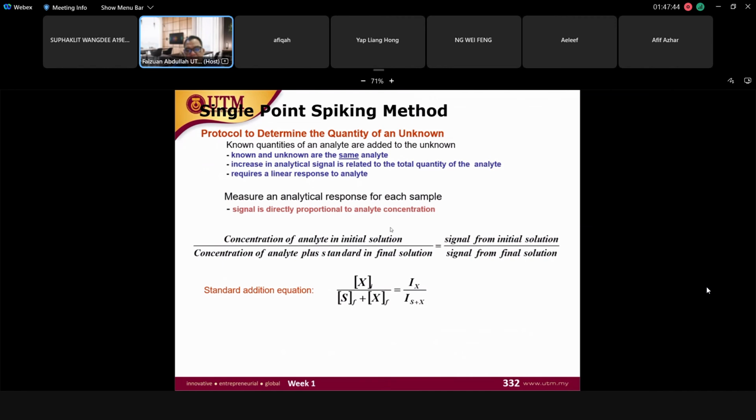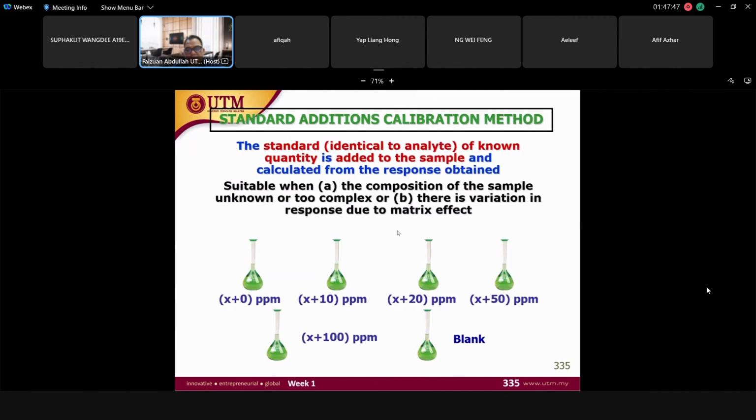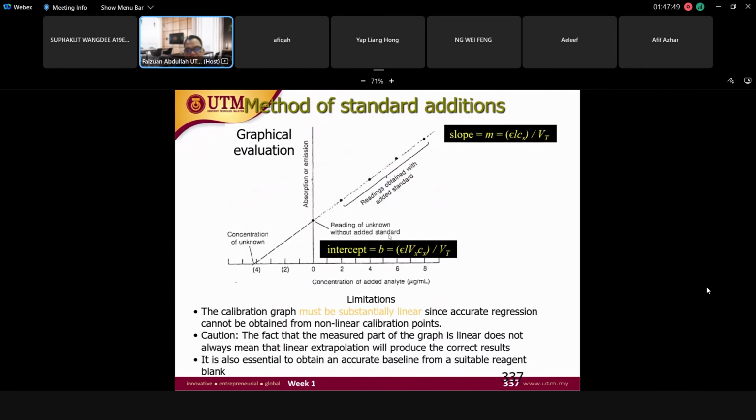because we use the sample itself instead of distilled water, when you prepare the plot, it is not starting from 0. It is starting from some value on the absorption. Can somebody tell me why it is not from 0?